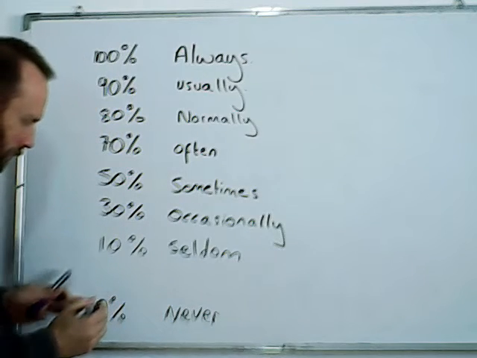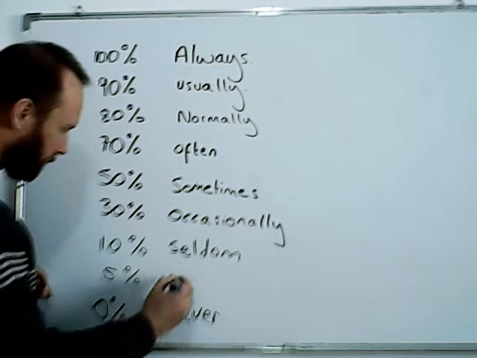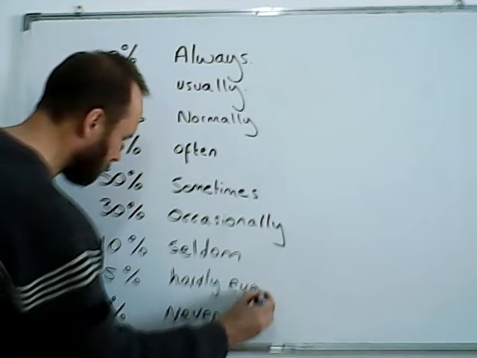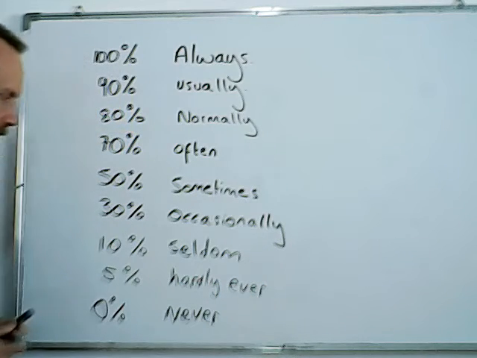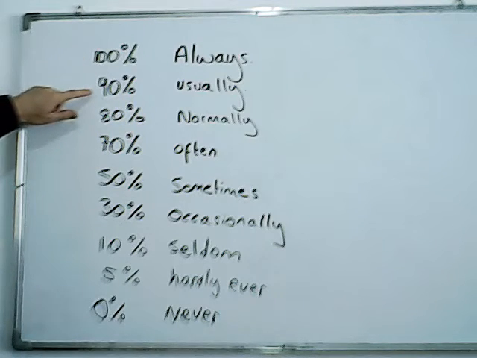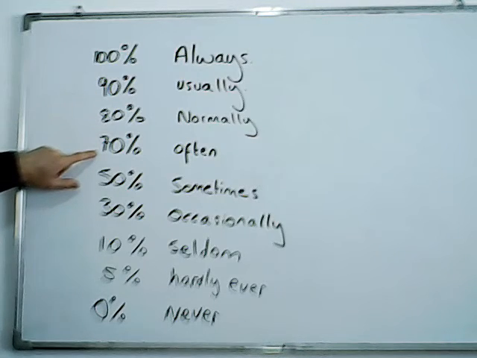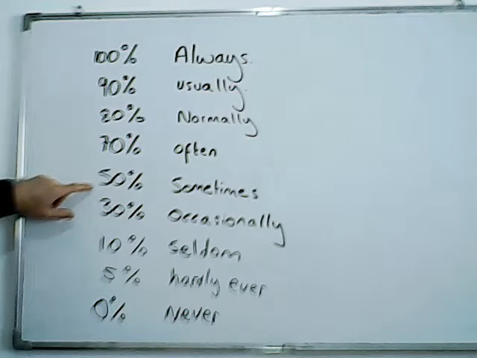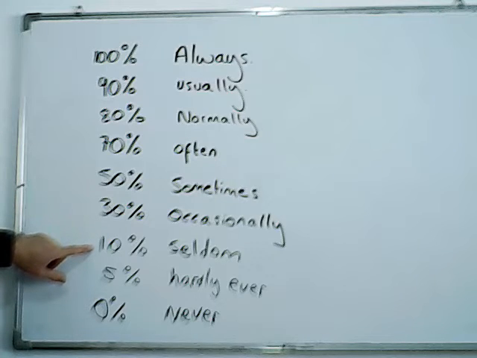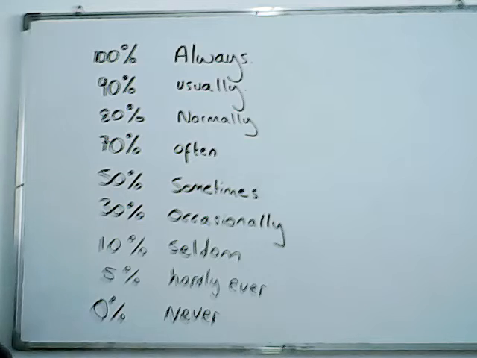And then one that's almost never, but not quite: hardly ever. Okay? So there we go. Maybe 100% always, 90% usually, 80% normally, 70% often, 50% sometimes, 30% occasionally, seldom 10%, hardly ever 5%, and never is at 0%.